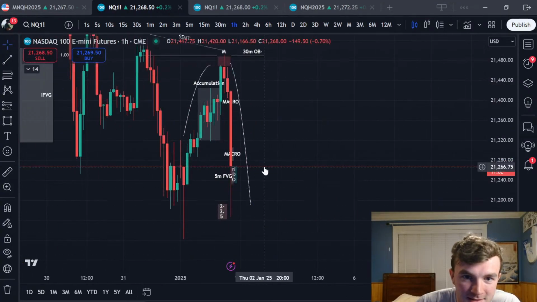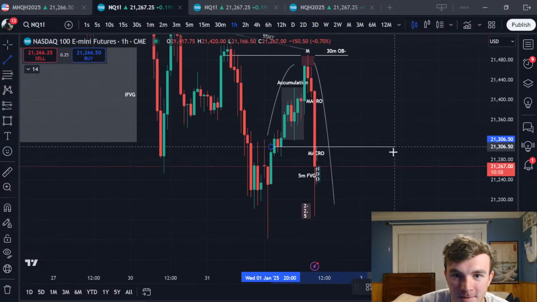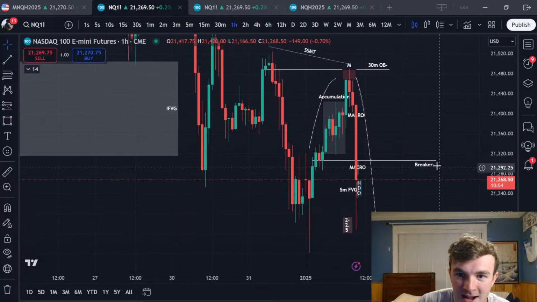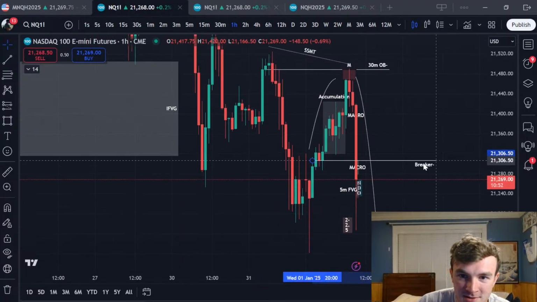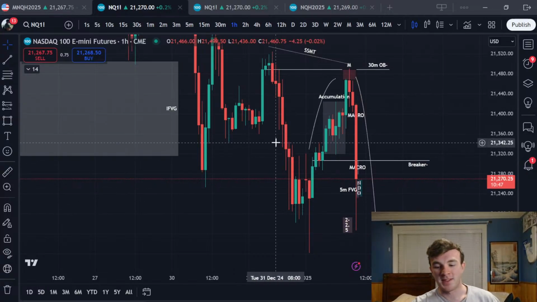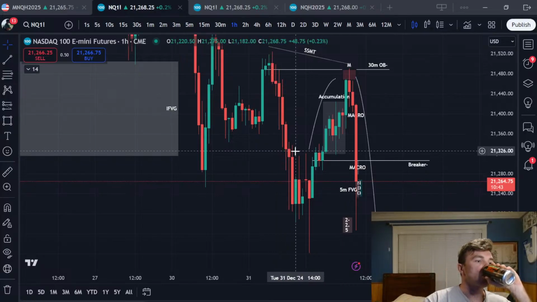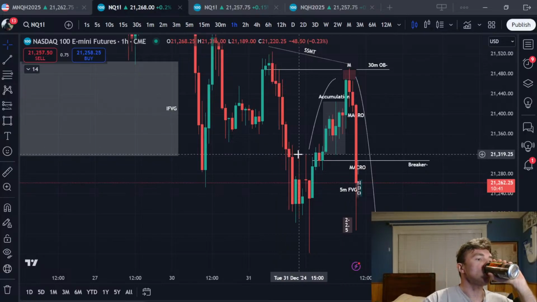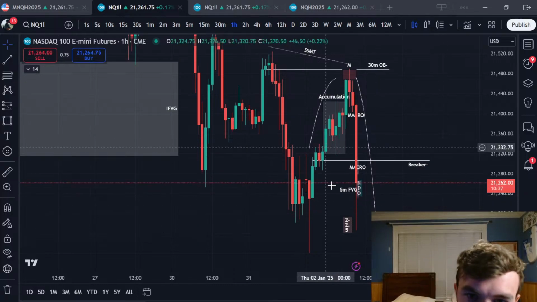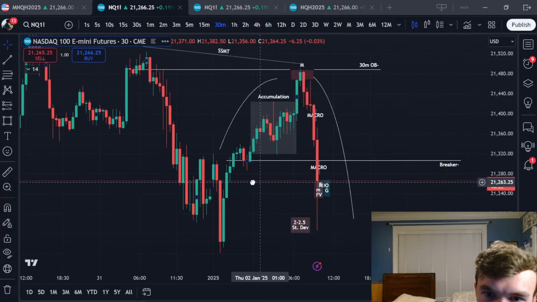Maybe we were going to retest this breaker. The only thing is this hourly candle has not closed, so I don't really know what to think about that. This breaker is not really valid until the hourly candle closes.